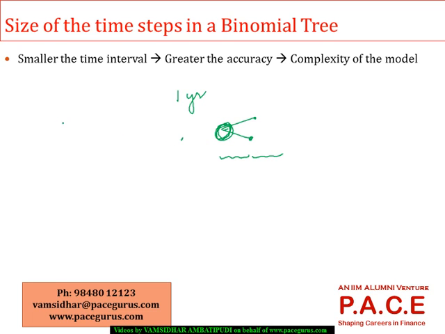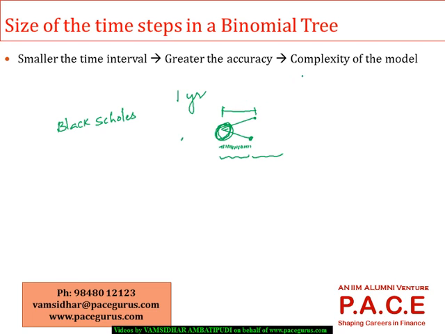If you remember, we have used the Black-Scholes model in the stock option valuation process, which was assuming a very minute or continuous interval kind of scenario. So if 1 year is the time period we are framing for each step, then probably the accuracy of the model gets compromised.